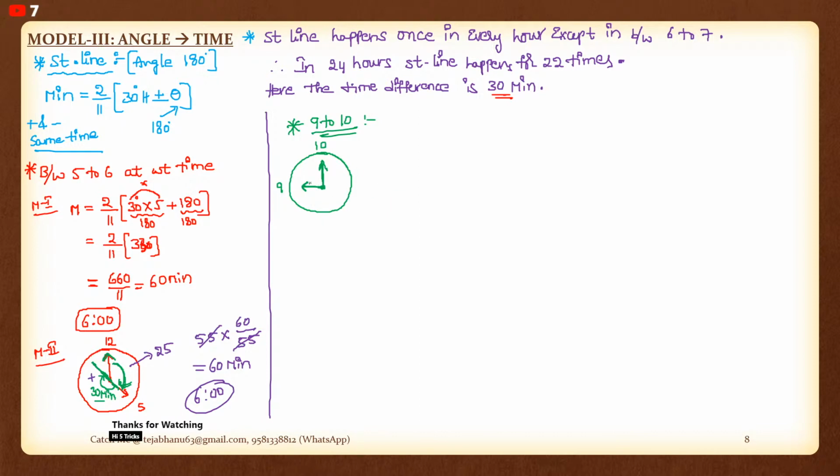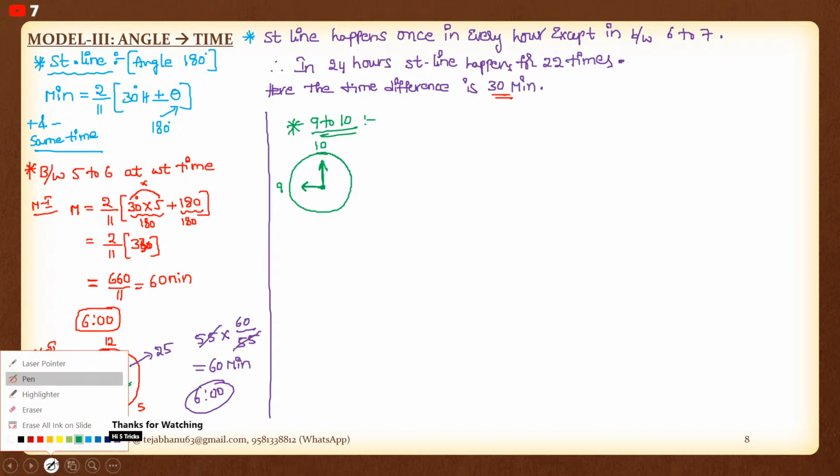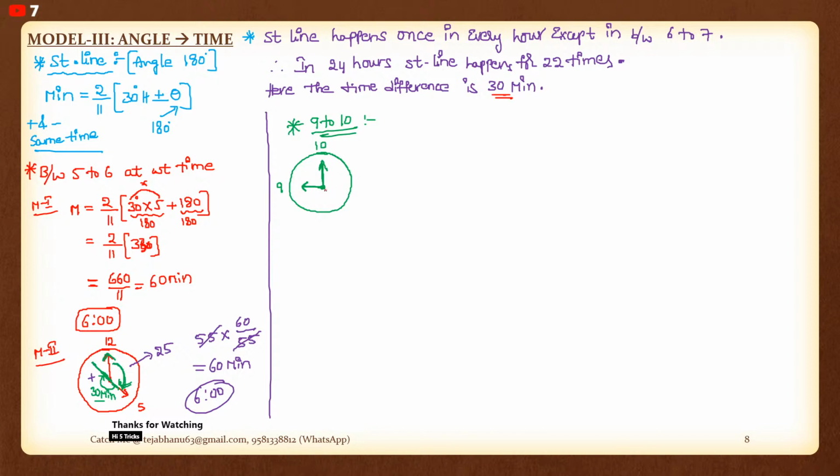Now, have a look. If you consider an imaginary clock, if the minute hand comes to this position, then it will become a straight line. If both hands are in a straight line, 30 minutes is the spacing. 30 minutes is the time difference.